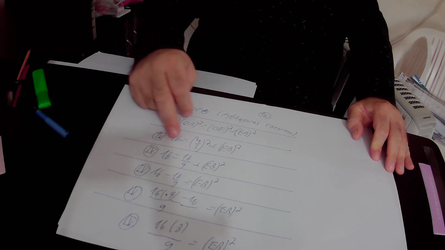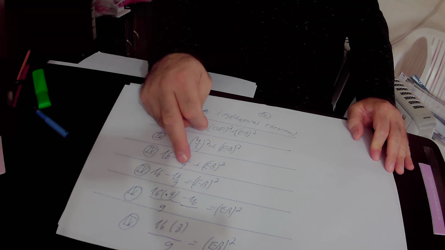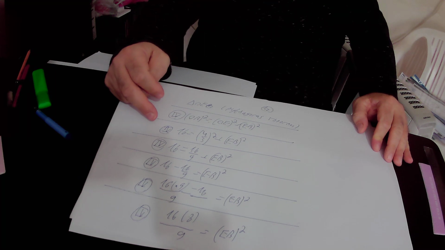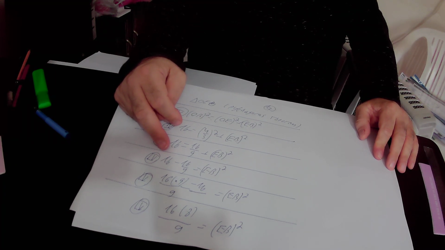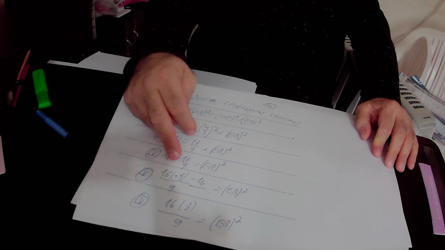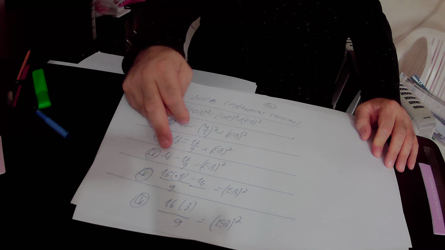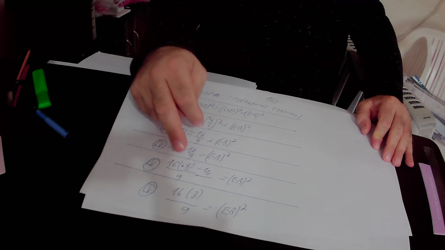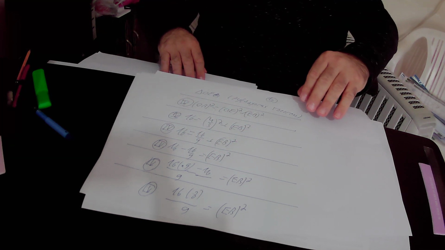We subtracted 16 over 9 from this equation number 4, and we got that 16 minus 16 over 9 equals EB square. Here we multiplied 16 by 9 and then divided it by 9 in order to have a common factor with minus 16 over 9, and we got 16 times 9 over 9 minus 16 equals EB square. 16 times 9 minus 16 is 16 times 8, so in total we got 16 times 8 over 9 equals EB square.